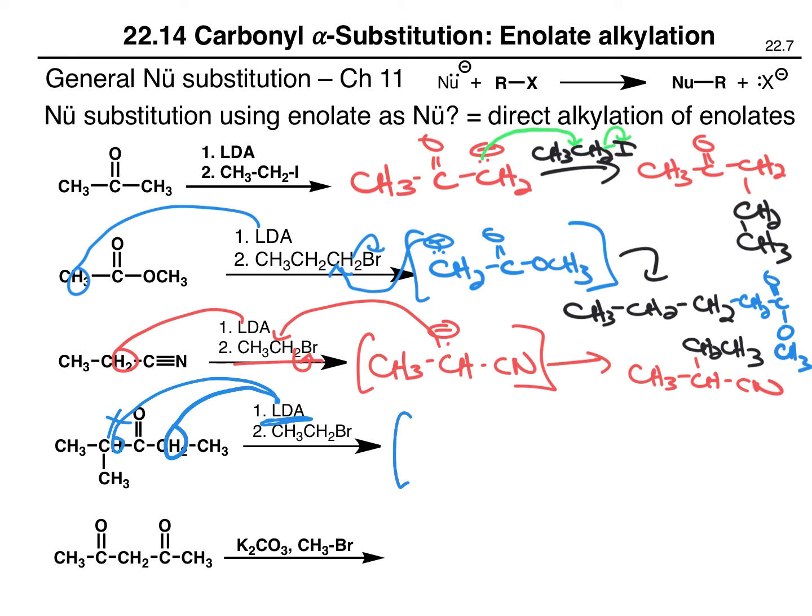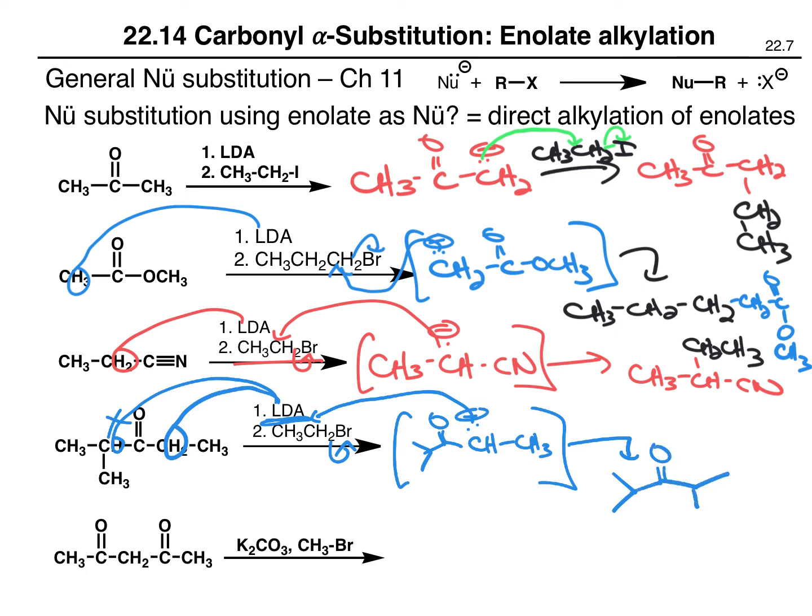And so that means we will get mostly this enolate, and then that can react with the ethyl bromide to give this product.